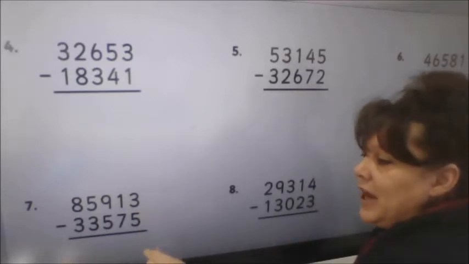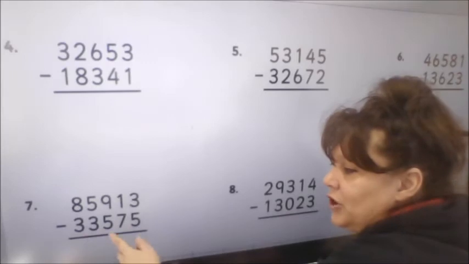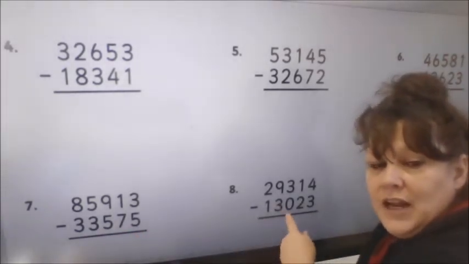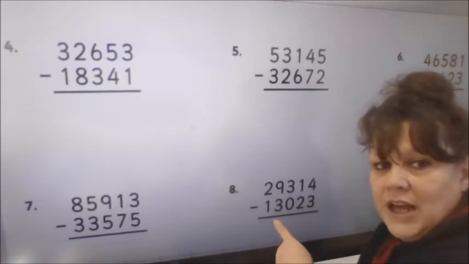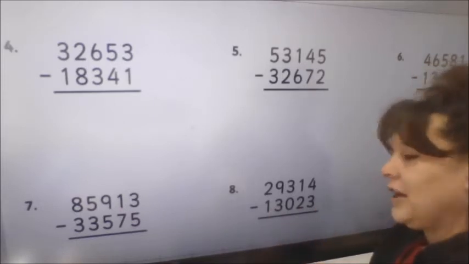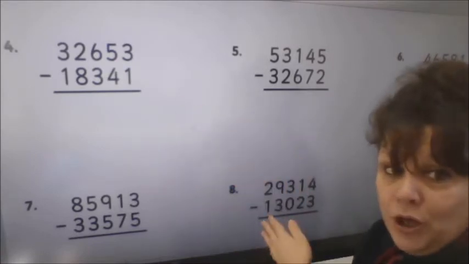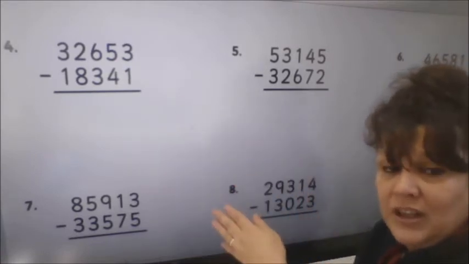Then 85,913 take away 33,575. And finally, 29,314 take away 13,023.